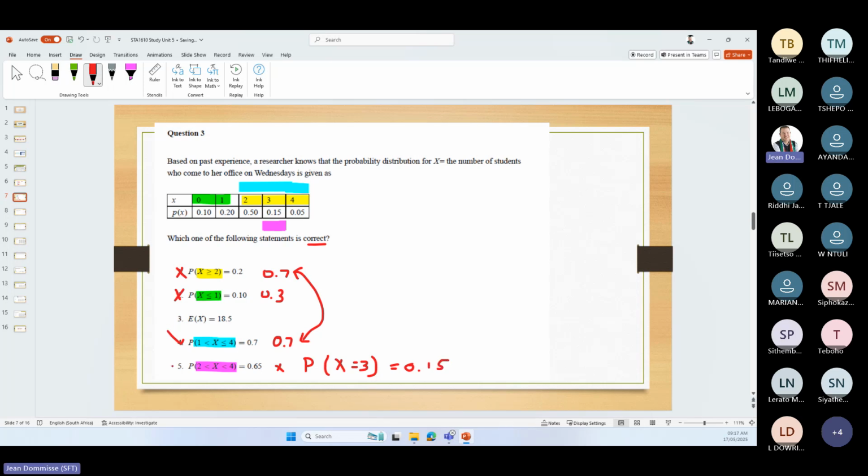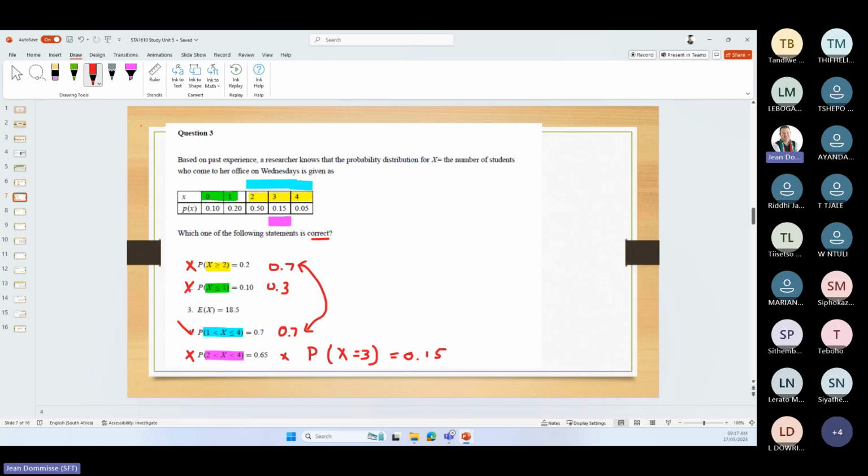Okay, so you can also see that one is wrong. So option 3 is going to be wrong, but let's quickly do it for you guys so that you know how to do it if we get it somewhere.